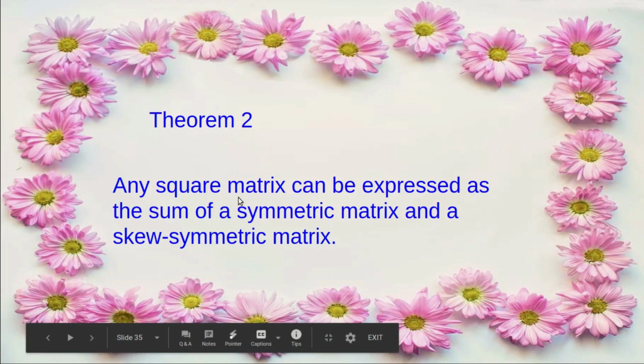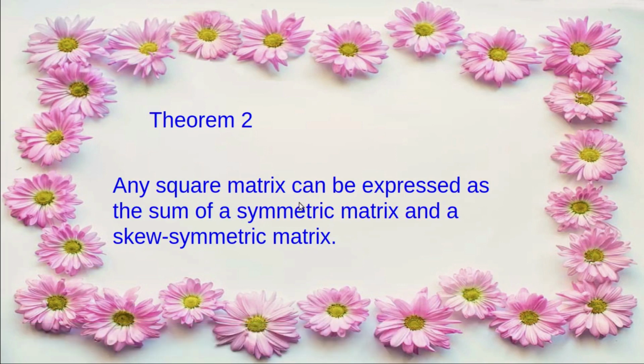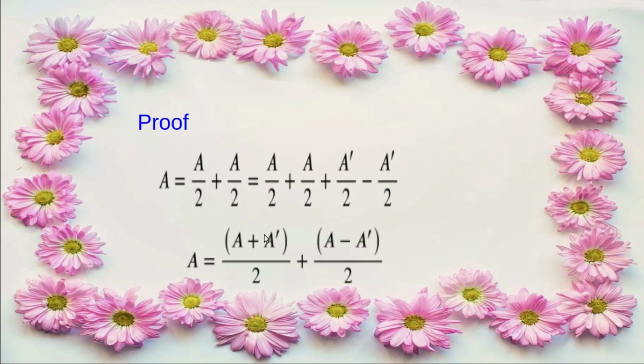Theorem 2. Any square matrix can be expressed as the sum of a symmetric matrix and a skew symmetric matrix. Proof. We can write A as A by 2 plus A by 2. Now add A transpose by 2, subtract A transpose by 2.